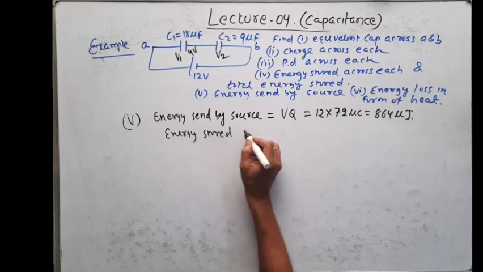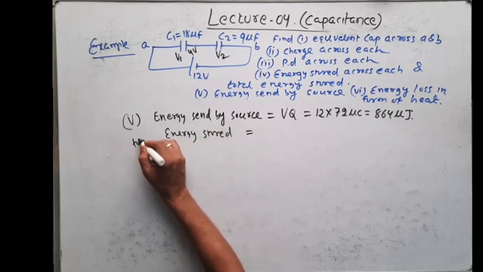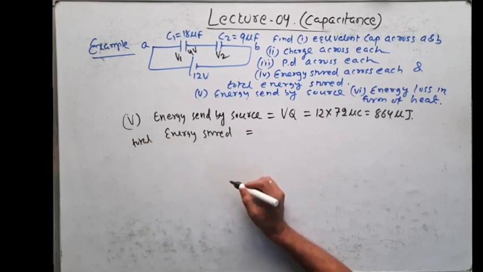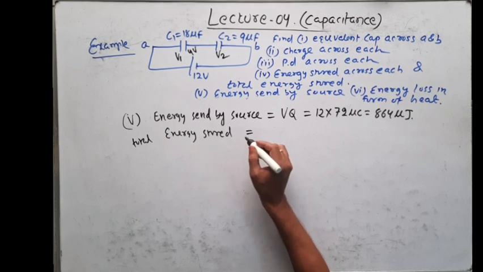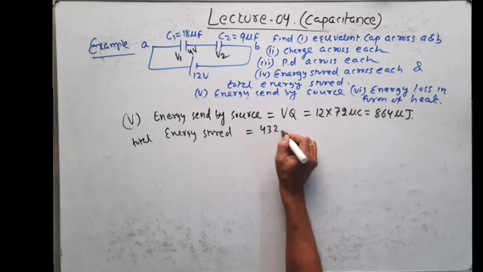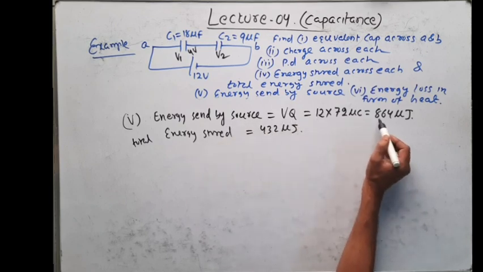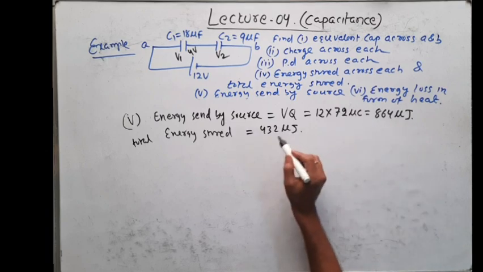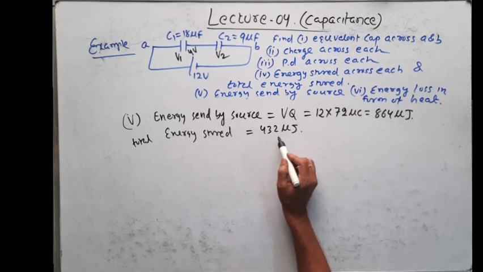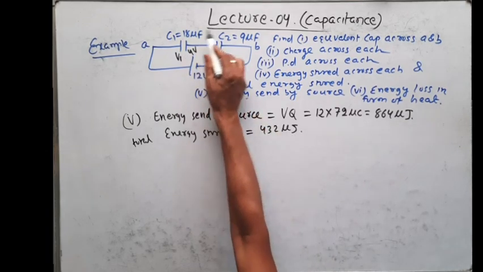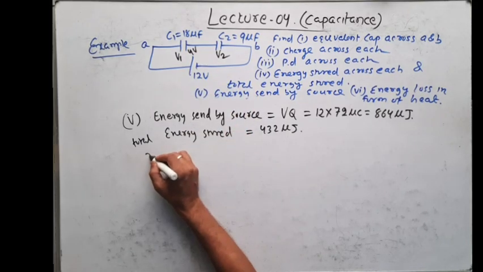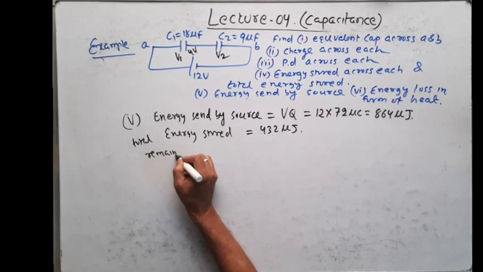That is 864 microjoule. But what is the energy stored? Total energy stored in the capacitor is equal to 432 microjoule. Then the battery is providing 864 microjoule, out of which 432 microjoule is saved by the capacitor. So what is the remaining energy?